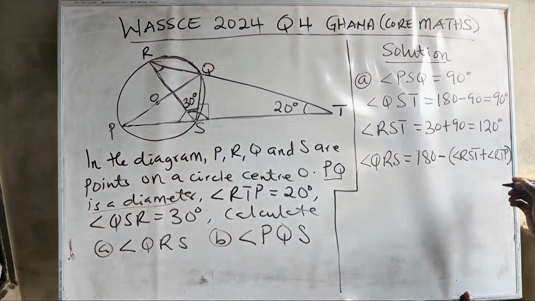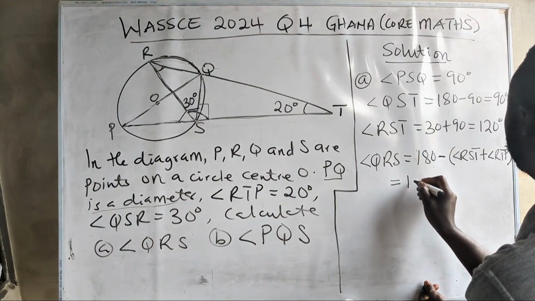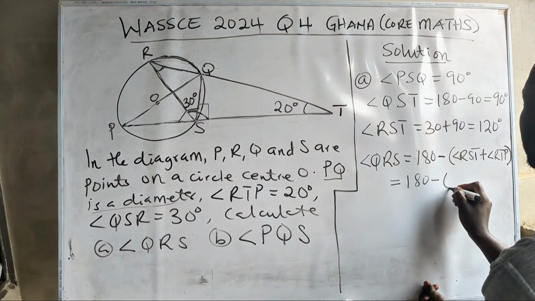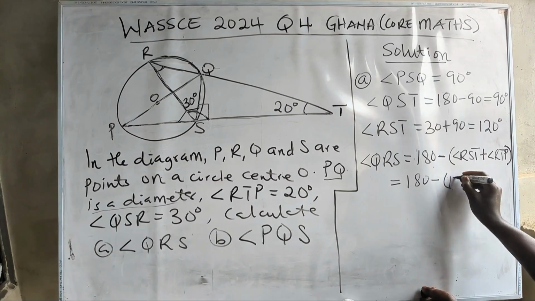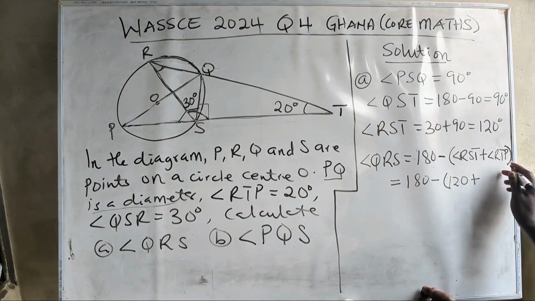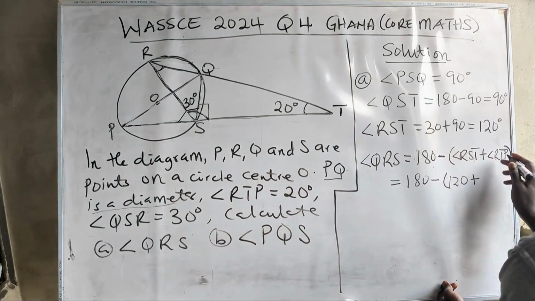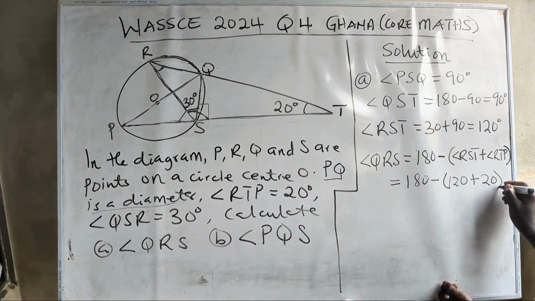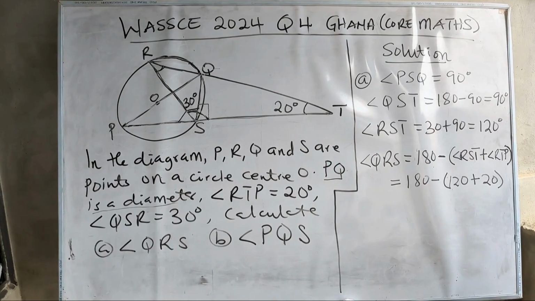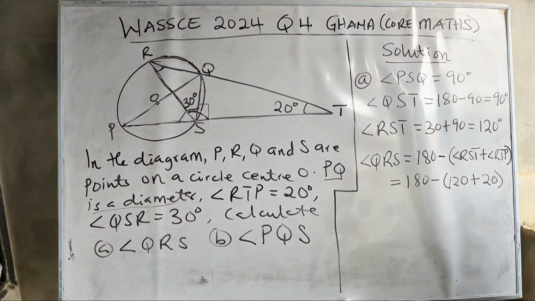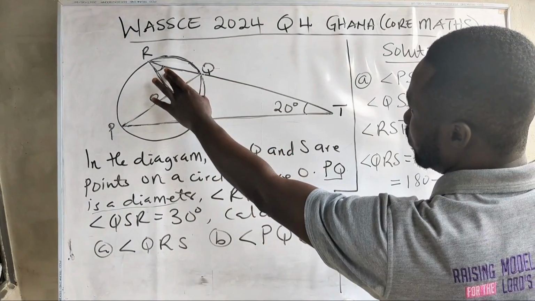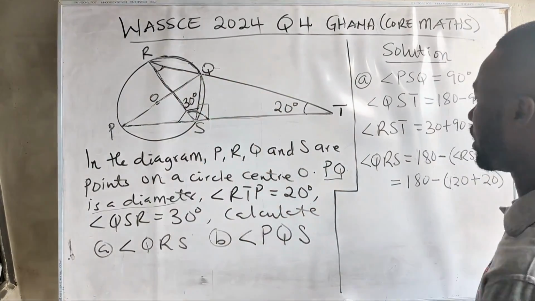When you add these two angles and subtract from 180, you are going to get this particular angle. That is going to be 180 minus, what is angle RST? 120, plus angle RTP, which is 20. So we are adding the two angles here and then subtracting from 180, because we know the sum of the interior angles of a triangle is 180.